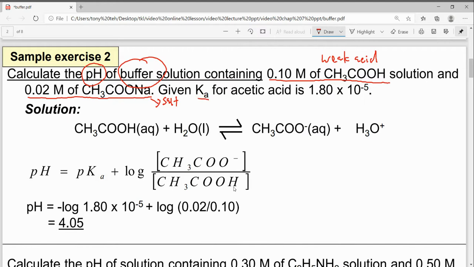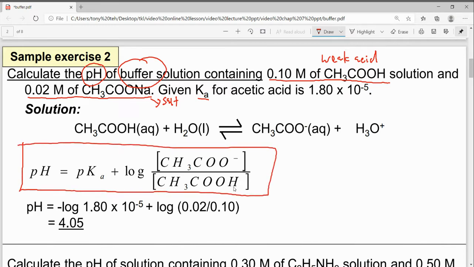Then Ka is given. Since it is mentioned as a buffer solution, we have to use the Henderson-Hasselbalch equation. Must remember it is conjugate base over weak acid.